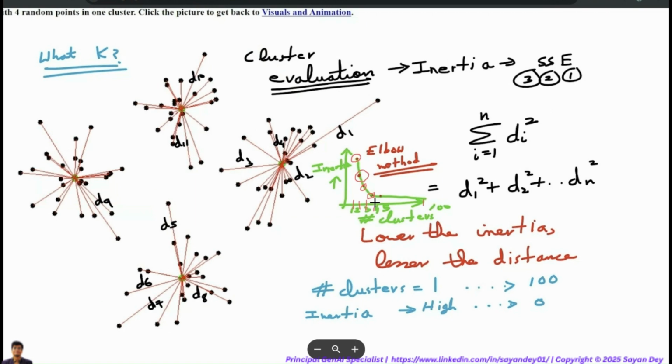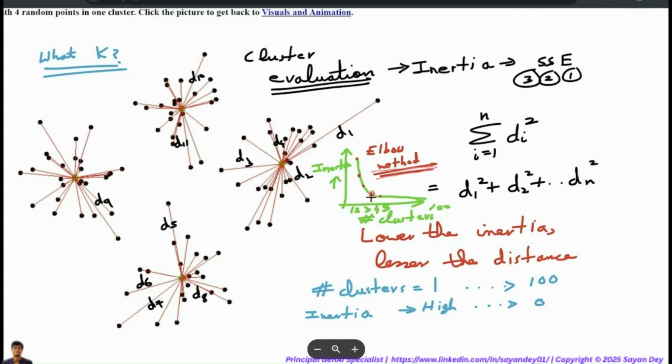Now from 4 to 5 onwards, something very interesting will happen. The inertia will continue dropping. Mathematically, the inertia will continue dropping because the distance will reduce, right? But we seem to have achieved some kind of an elbow here. This is the bend, and this is what we call the elbow method. Why is it called the elbow method? Because we are trying to find the point where we achieve that bend.